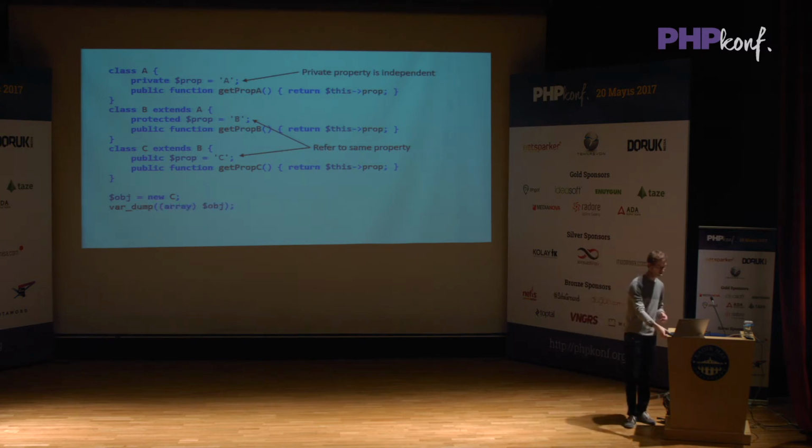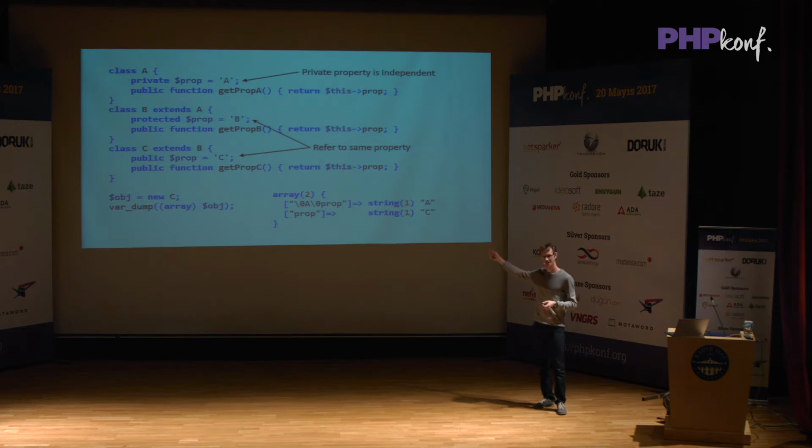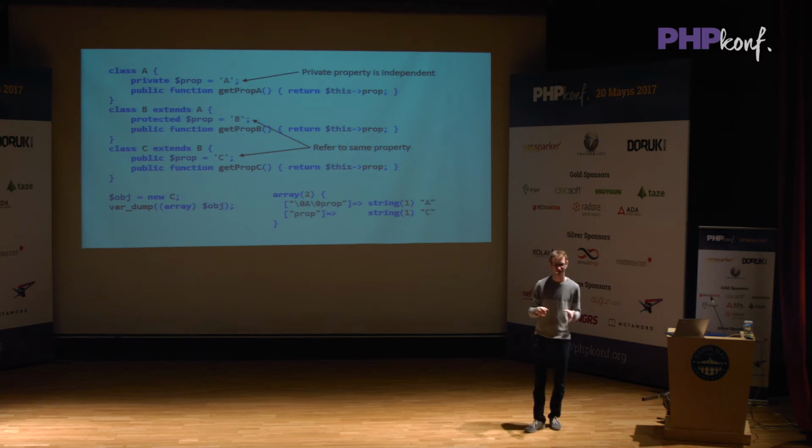If you now do the array cast here, if we didn't do the name mangling, we would end up with two times the same key, which would be kind of bad. So instead we do this mangling, so the private property gets a unique name that is distinct from the public property. That's the idea here.